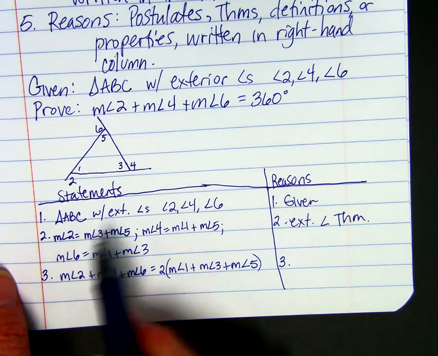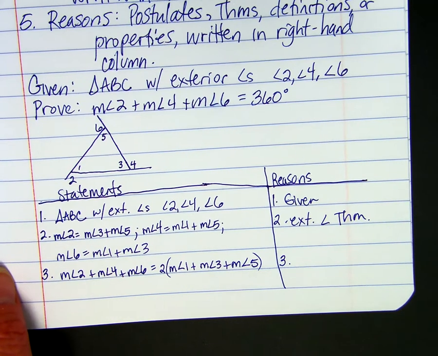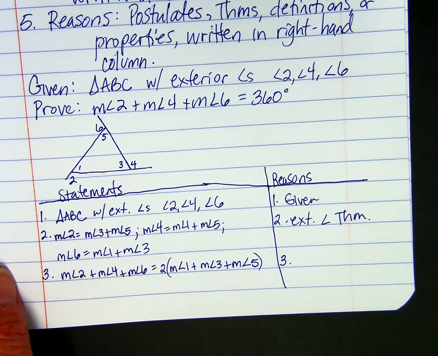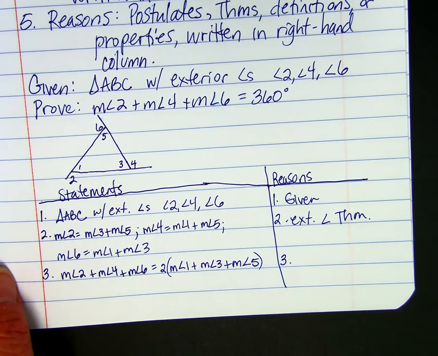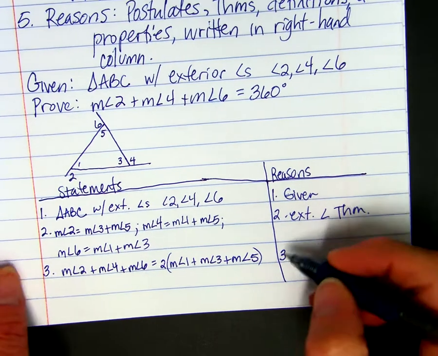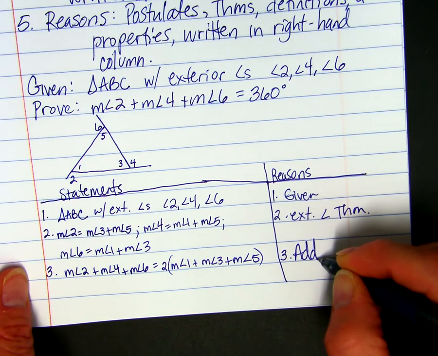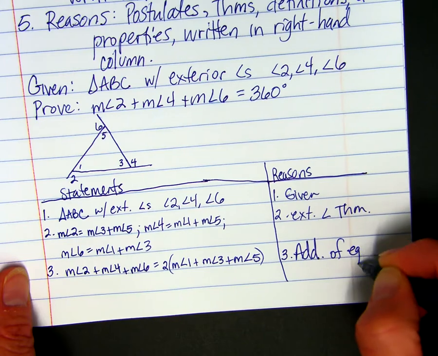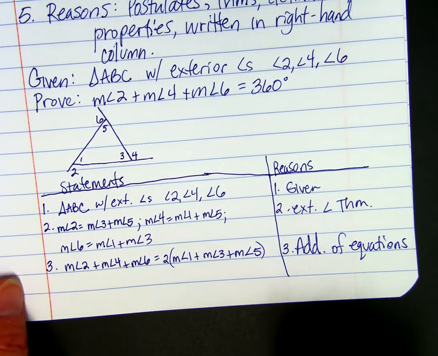So if you remember, if you had these three equations lined up, you can add them together. Do you know what I'm talking about when we add equations together? So you add the left side, you add the right side. So these are addition of equations. I think I'm going to run out of room.